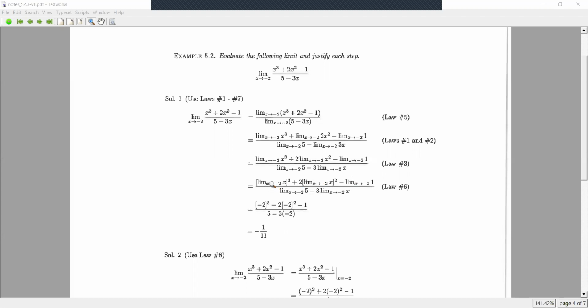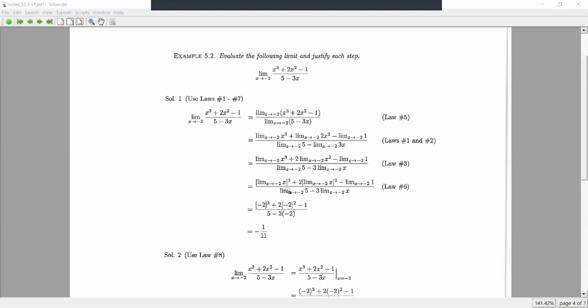As x approaches -2, what number will the function x approach? Of course, -2. So this limit is -2. This is -2. And this limit of a constant, as x approaches -2, what number will the constant 1 approach? It will approach 1.